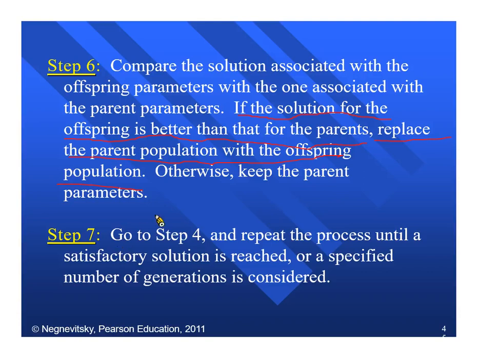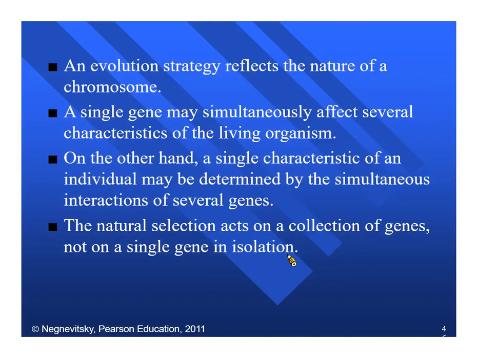Otherwise, keep the parent parameter, and then go to step 4 and repeat the process until a satisfactory solution is reached, or a specified number of generations is exceeded. So the evolution strategy reflects the nature of the chromosome. A single gene may simultaneously affect several characteristics of the living organism.